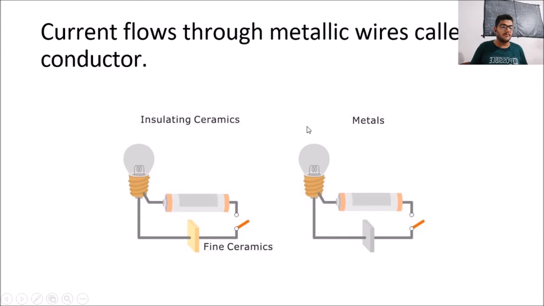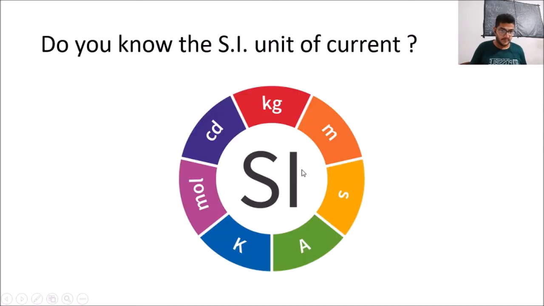Generally we have seen wires with insulation, and if we remove the insulation we get this colored metal, which is called copper. In Hindi we say tamba. Copper is used for making the conductor.